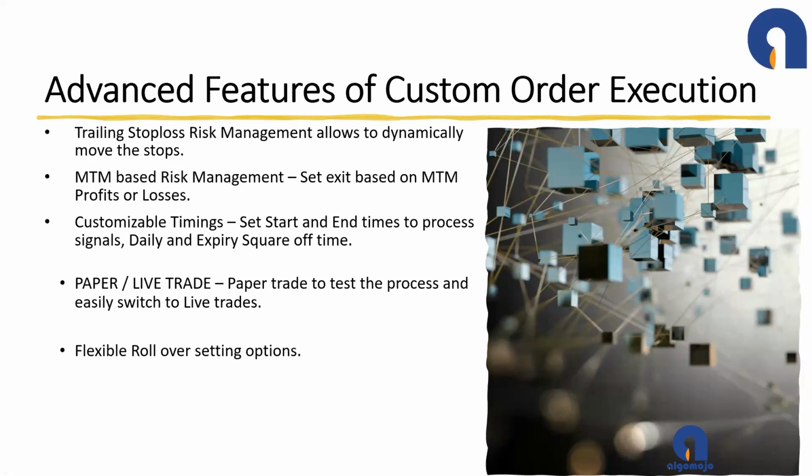Suppose you are a swing trader and you would like to roll over your contracts or positions at the end of the month, it's possible to set the rollover. Now, for rollover, you need not wait till the end of the contract. You can set the rollover to happen, say, 5 days before the expiry or 3 days before the expiry.